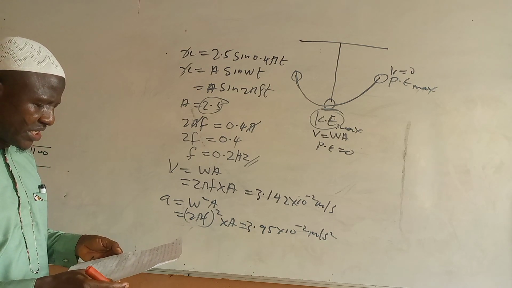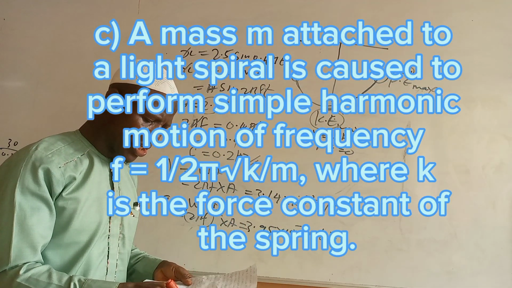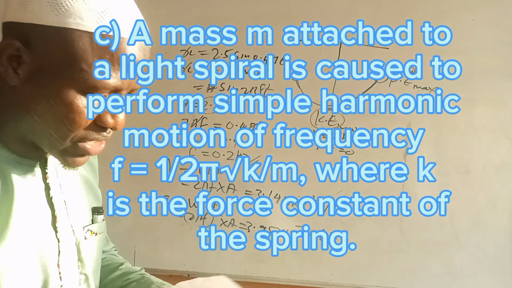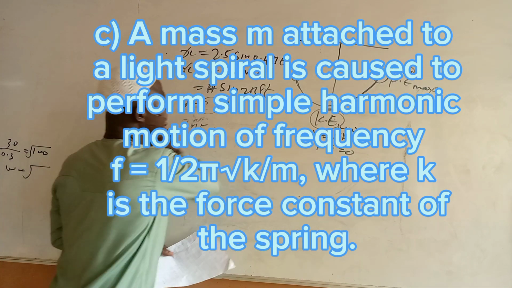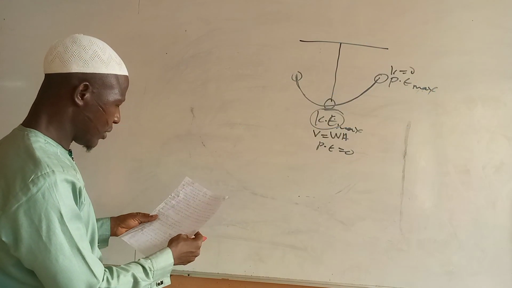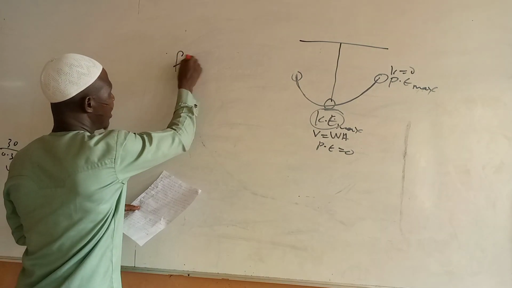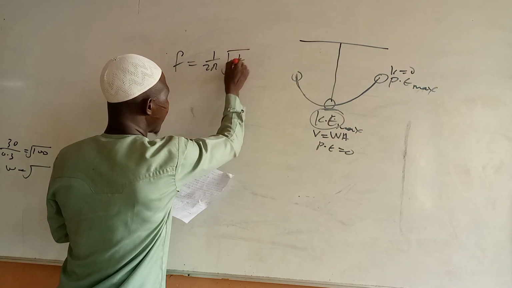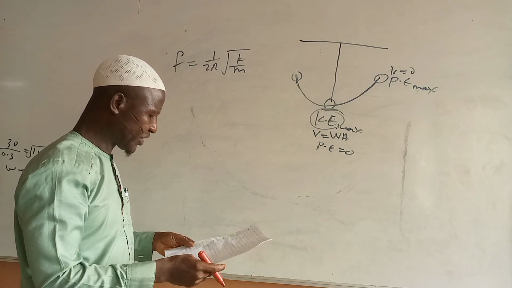Now, the next question, that is question number 11C, says a mass M attached to a light spiral spring is caused to perform simple harmonic motion of frequency F equal to 1 over 2 pi square root of K over M, where K is the force constant of the spring.